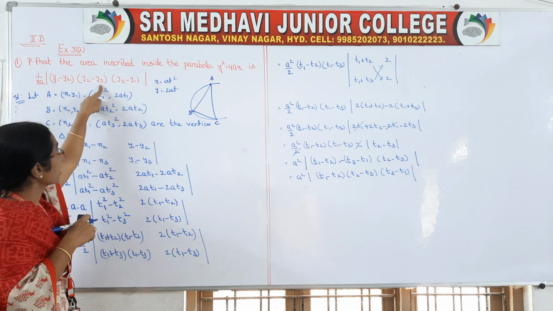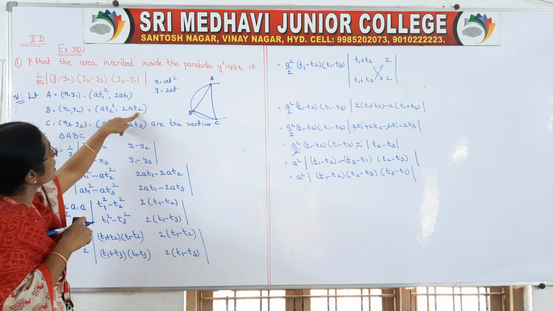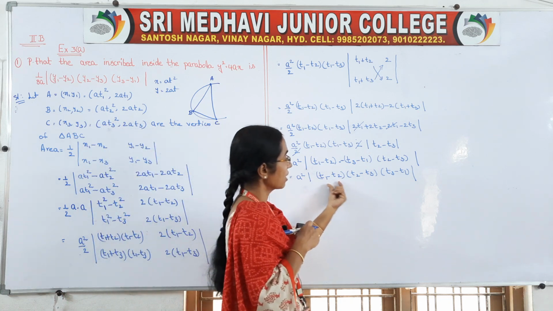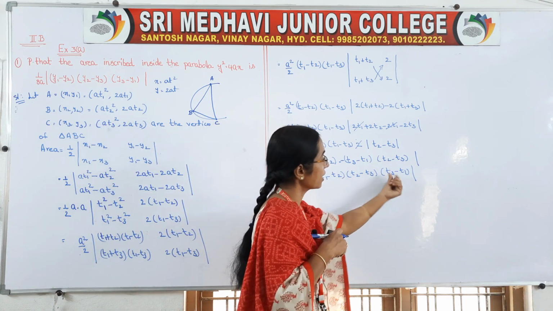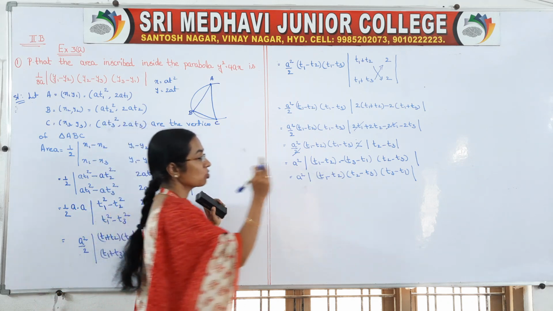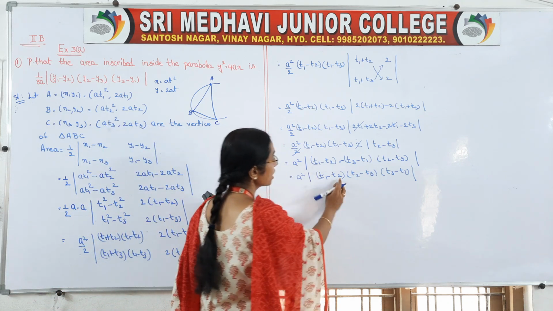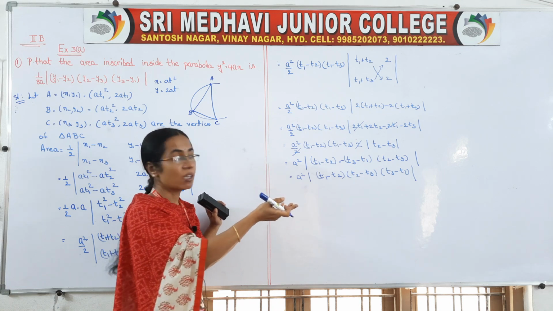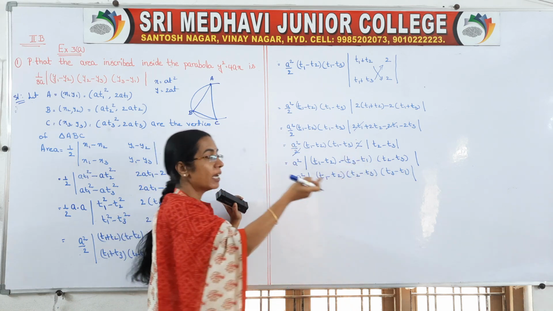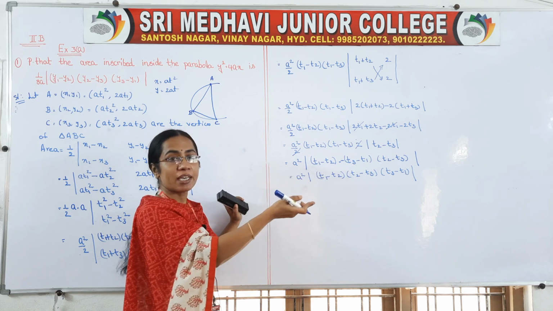Next y2 minus y3 means 2a t2 minus 2a t3. So we are having t1 minus t2, t2 minus t3, t3 minus t1, but we need 2a. Suppose 2a t1 minus 2a t2, it will be y1 minus y2. Next 2a t2 minus 2a t3, it is nothing but y2 minus y3.